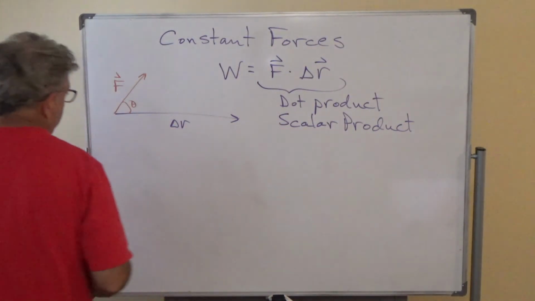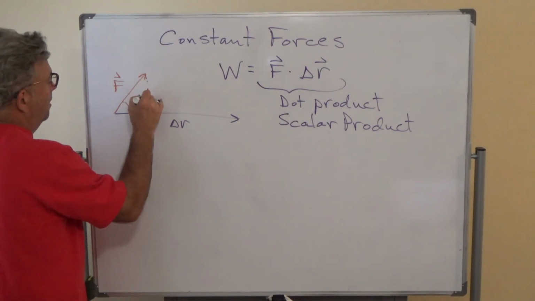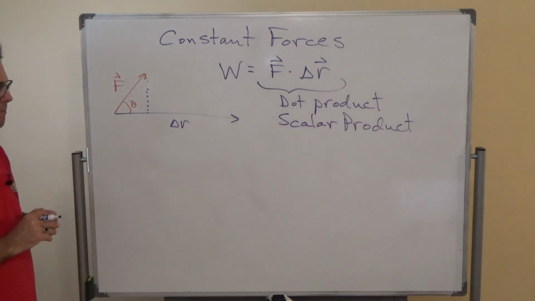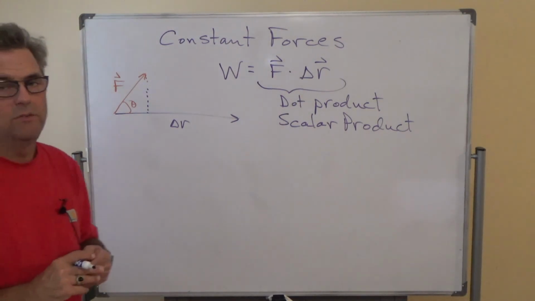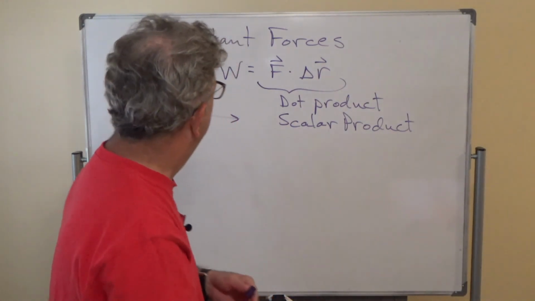This dot product gives you a projection of F onto delta R, or a projection of delta R onto F. It'll be the same thing.